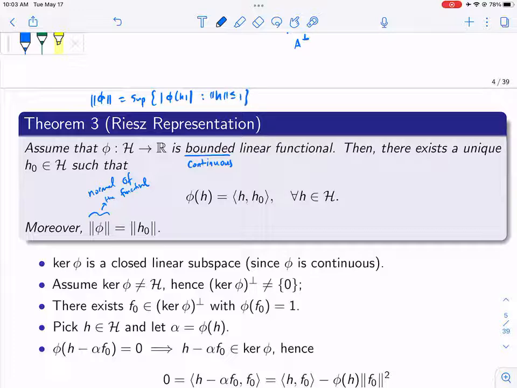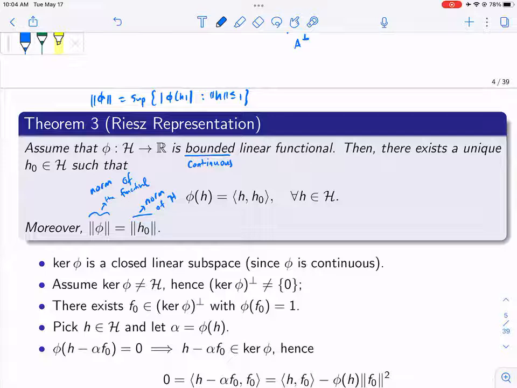So the space of bounded linear functionals on H is called the dual of H, and this functional norm is just the norm of the dual, basically. The thing is that the dual norm is the same as the norm itself, the Hilbert norm, the norm of H naught. Okay. So what this is saying is that every linear functional can be represented uniquely by an element of the Hilbert space.